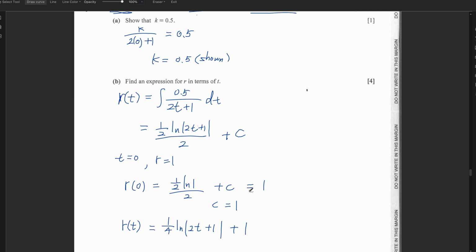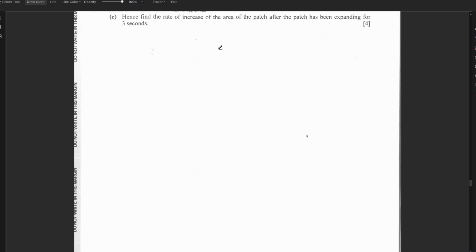Part C of question 11. Hence, find the rate of increase of the area. Hence, we'll need part B. After the patch has been expanding for 3 seconds, t equals 3. From part B, we know that r equals 1/4 ln(2t plus 1) plus 1.